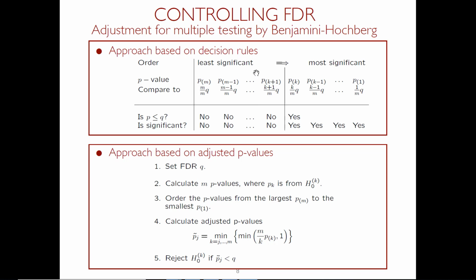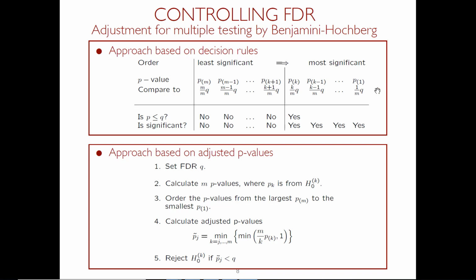proposal by Benjamini-Hochberg. What we can do is take the p-values for each protein individually, one at a time, and sort them from least significant, so largest, to most significant, which is smallest. Now, instead of comparing the p-value to 0.05 or whatever value we set, let us set the false discovery rate to, I don't know, 10%.